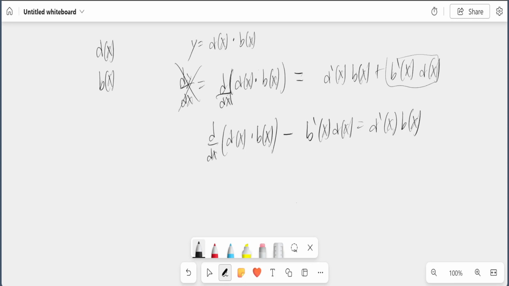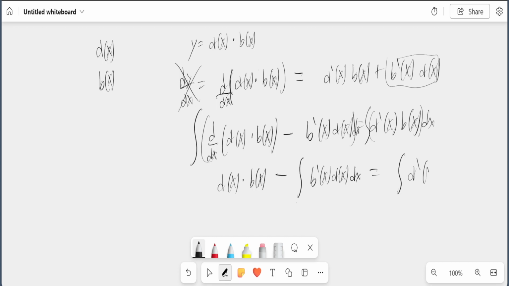And then if we integrate both sides with respect to x, we get a of x times b of x minus the integral of b prime of x, a of x dx is equal to the integral of a prime of x, b of x dx.